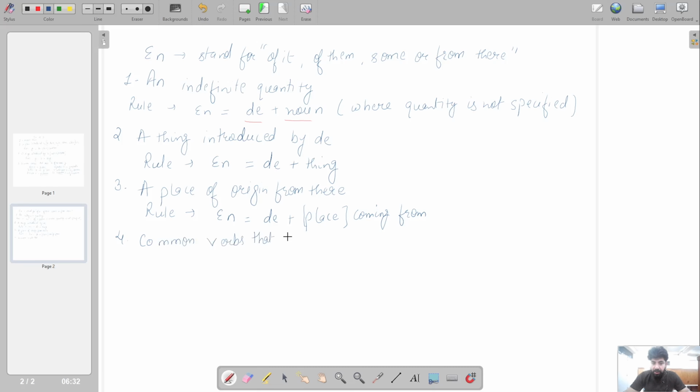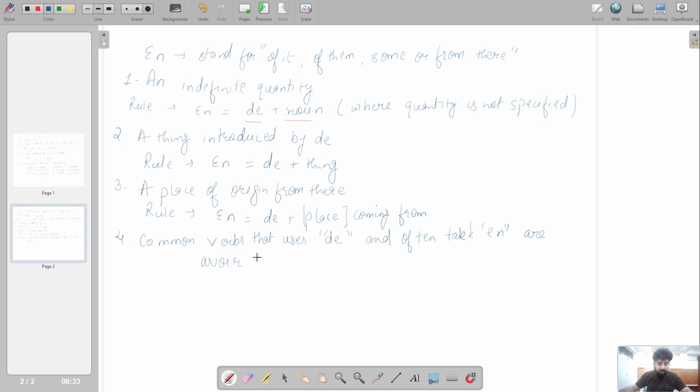that use de and often take en. So I'll just write those words. So one is avoir, to have.